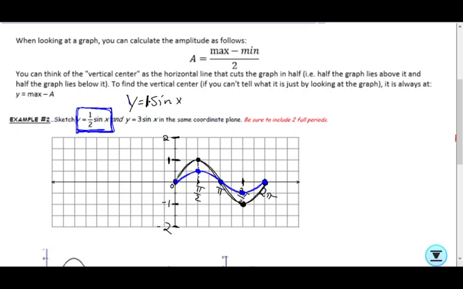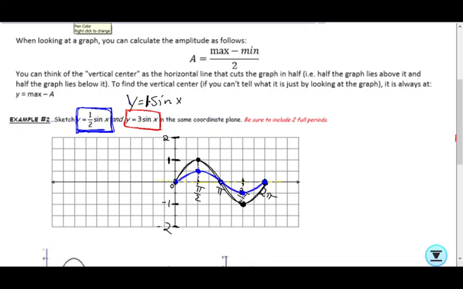Okay? Now the next one I'm going to do in red. So again, same idea. y equals 3 sine x has been vertically stretched by 3, which means my amplitude is now 3. So my maximums and minimums are 3 away from my vertical center. So my vertical center is still right here, right?